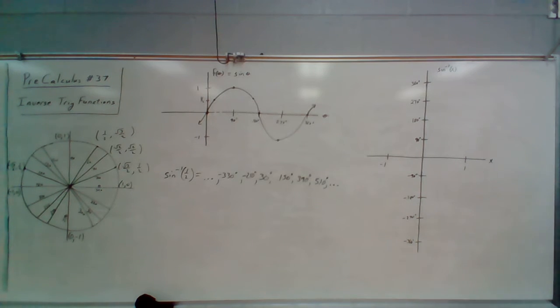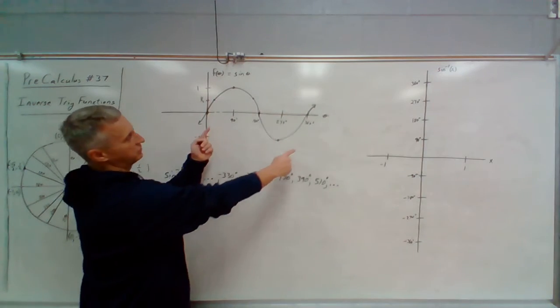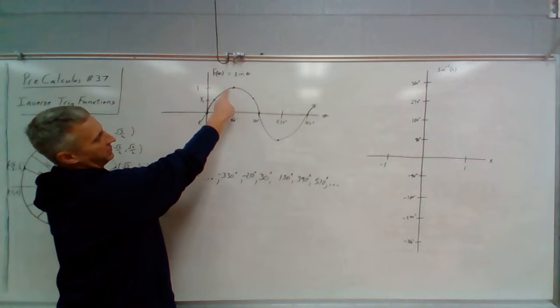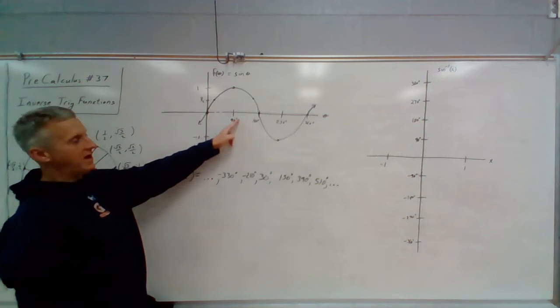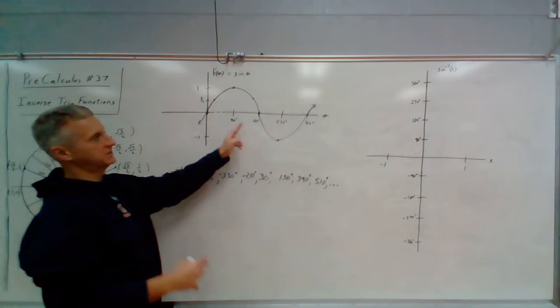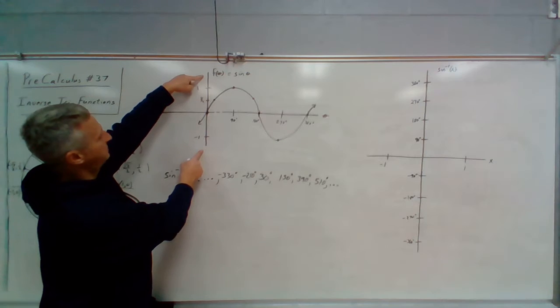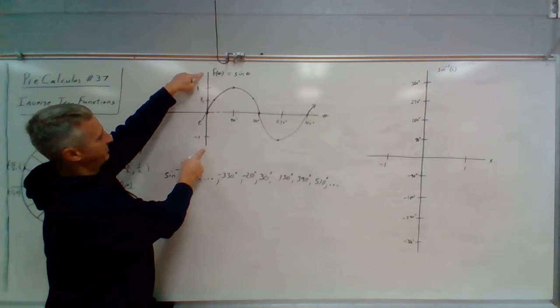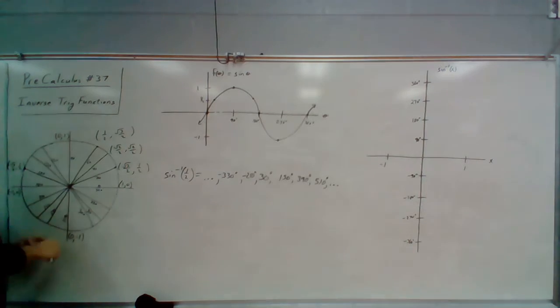All right, so let's see if we can graph this inverse relation. So remember, an inverse function or an inverse relation, all I'm doing is switching this coordinate with this coordinate. So now, where my angles were on the horizontal axis, now my angles will be on the vertical axis. These points, and remember these points that go on this axis are actually the y values off the unit circle.